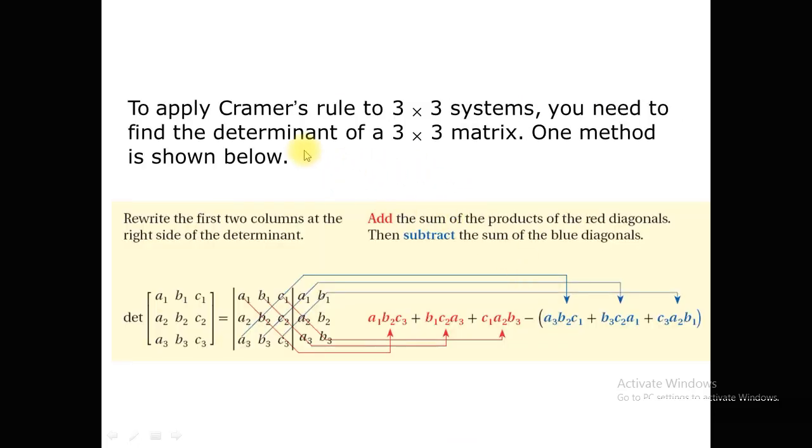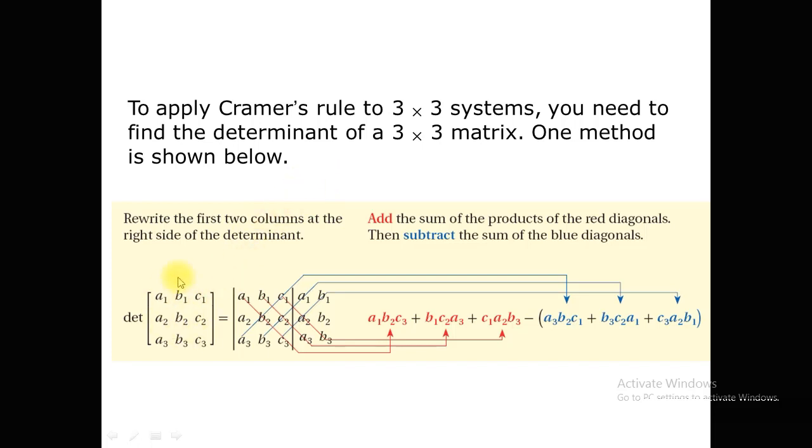Now, using Cramer's rule for a 3 by 3 system, we need to find the determinant of a 3 by 3 matrix. One of the methods, which we already discussed in the previous lecture, is the cofactor expansion method: cofactor expansion along R1, along R2, similarly along R3, or along any column.